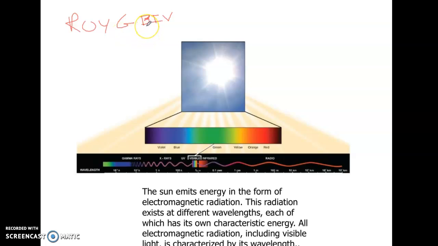And then we have Biv, B-I-V, blue, indigo, violet. So if we look down here, you can see here's that spectrum of the rainbow. So here's red, orange, yellow, a big area of green, a lighter blue, darker blue, and that indigo, and then we get to this violet, which is more of a purple color.